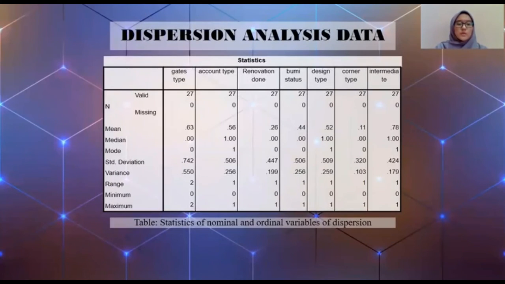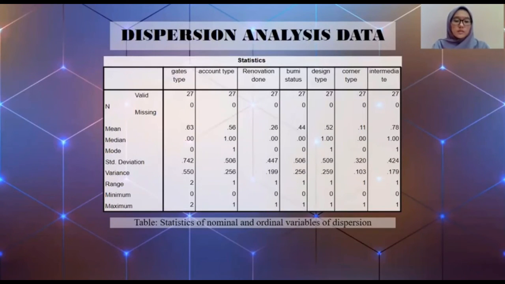The table shows the statistics of nominal and ordinal variables of dispersion. Dispersion can be determined by range. The larger the value of range, the more dispersed the cases are on the variable, and the smaller the value of range, the less dispersed the cases are on the variable, which will be more concentrated.